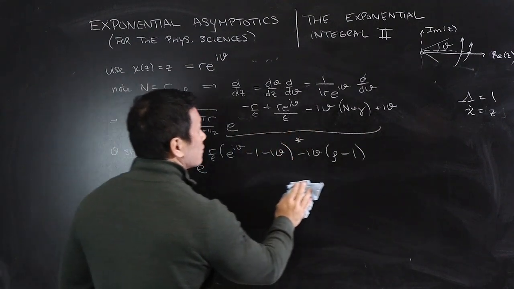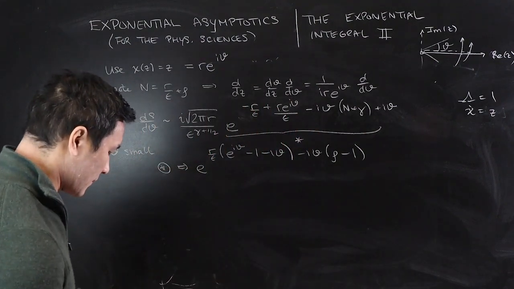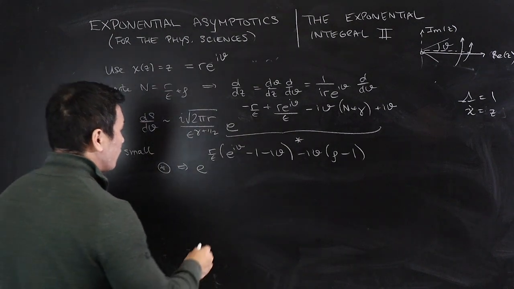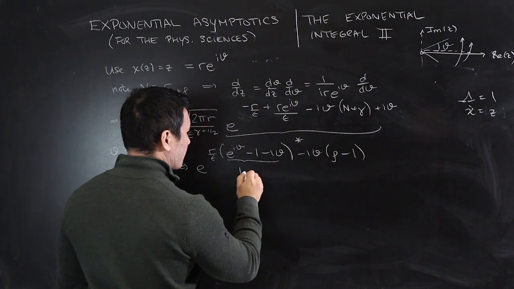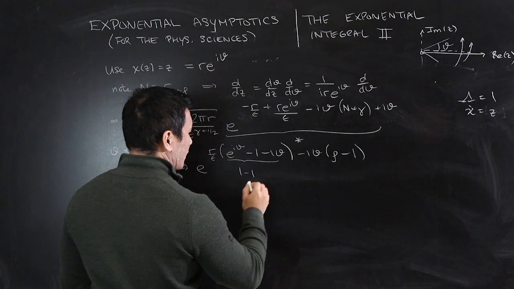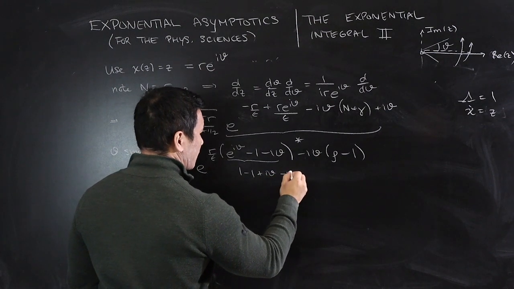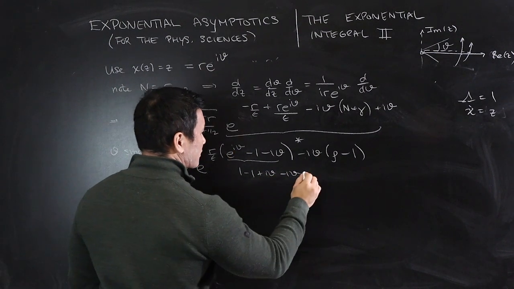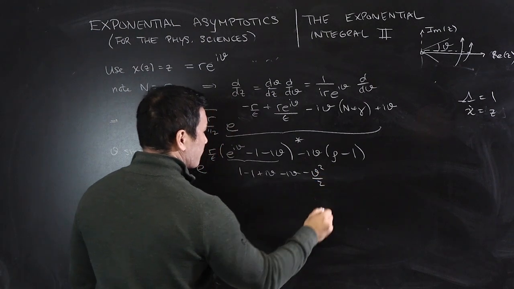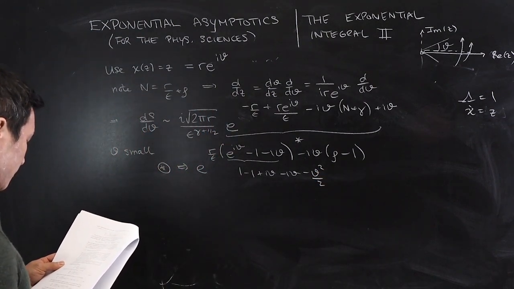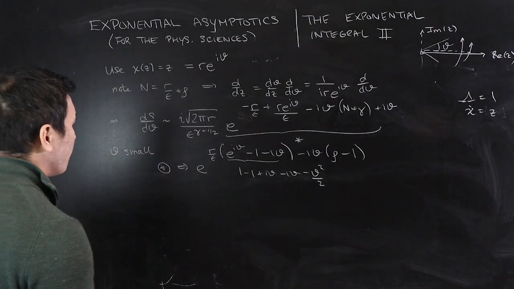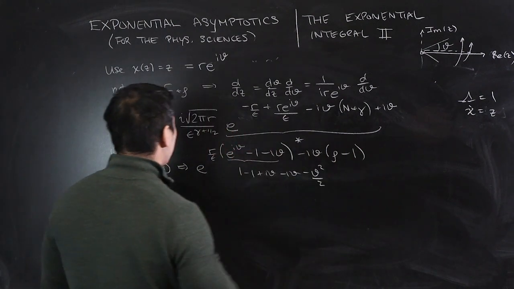Hopefully that's right. Okay, and now you get to expand this one here for theta small, so I have 1 minus 1 plus i theta minus i theta, and then the first term here is a minus theta squared over 2. Okay, and this one you're not going to care about.